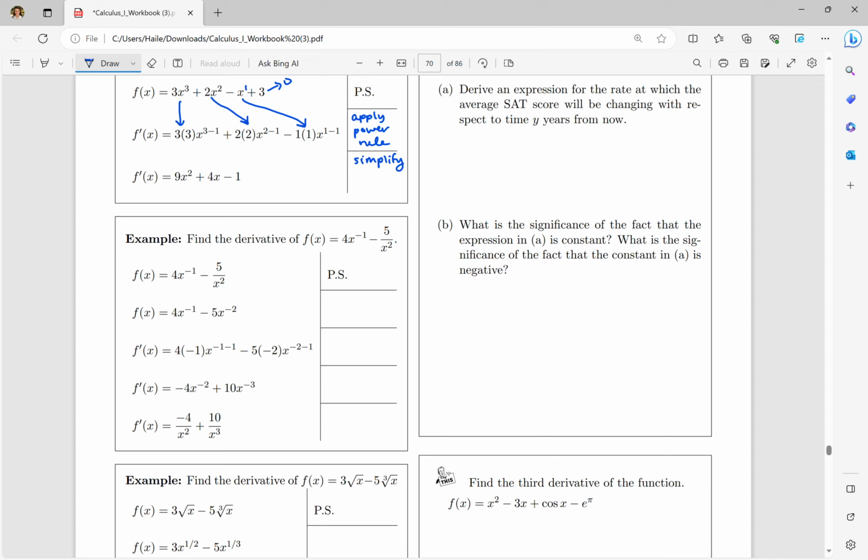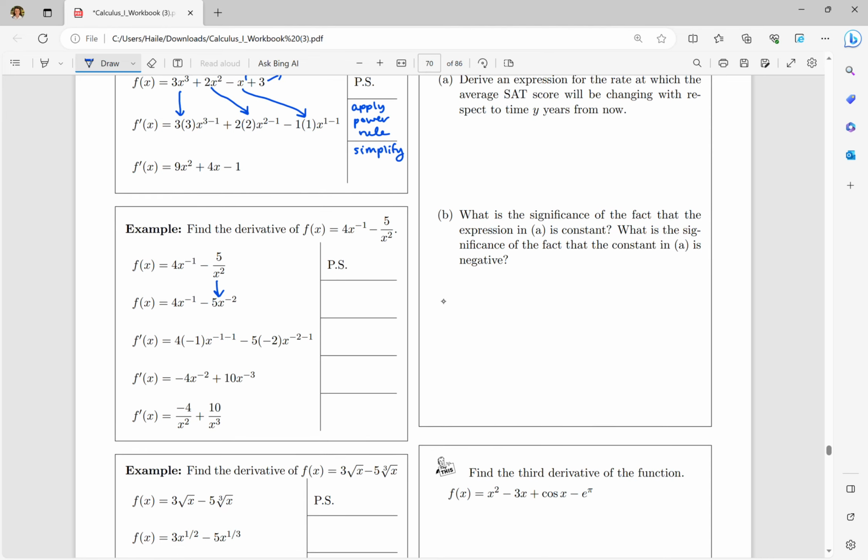So when we move x squared to the top, the exponent becomes negative 2. So we can summarize this by: move x squared to numerator with negative exponents.